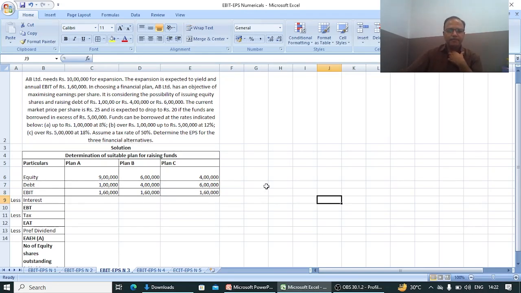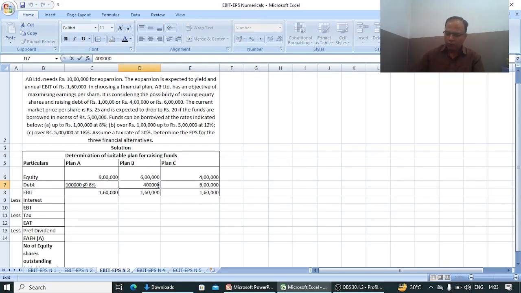Now, interest. It is given that if funds are borrowed, if borrow up to rupees 1 lakh, at the rate of 8%, rupees 4 lakh, at 8%.